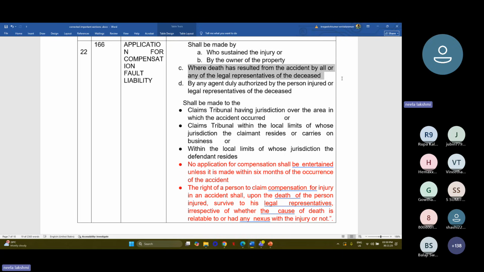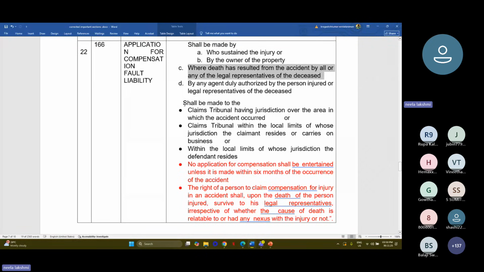These are all the persons who are eligible to make the claim petition. For the deceased person, the legal representatives or any authorized person can make the application. These are all the eligible persons who can file the application before the claims tribunal.